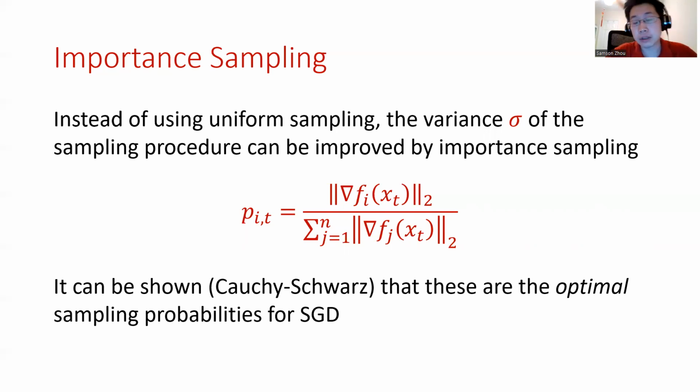A quick note: I'm not promising that this is the fastest approach for convex optimization. There could be other accelerated methods that do better than SGD. All I'm saying is that if we commit to doing SGD, the sampling probabilities from importance sampling are known to give the best possible convergence.